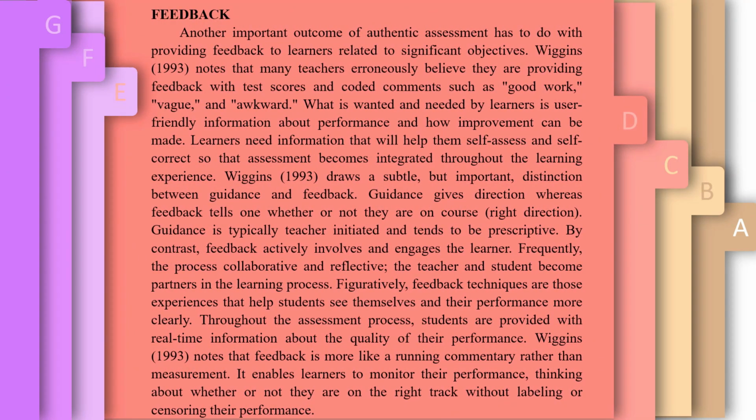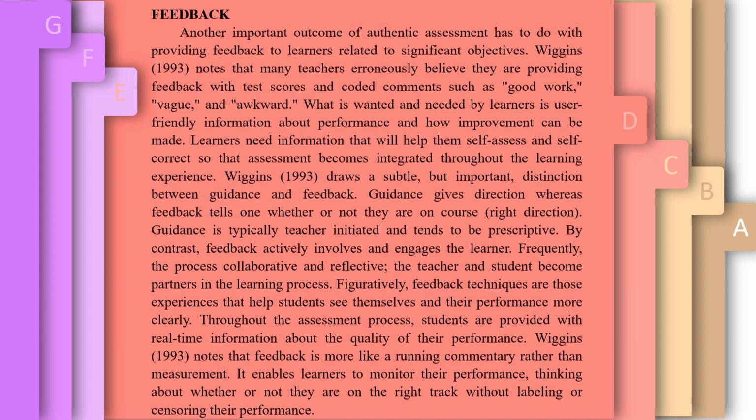Lastly is the feedback. Another important outcome of authentic assessment has to do with providing feedback to learners related to significant objectives. Wiggins, in 1993, notes that many teachers erroneously believe they are providing feedback with test scores and coded comments such as "good work," "vague," and "awkward."